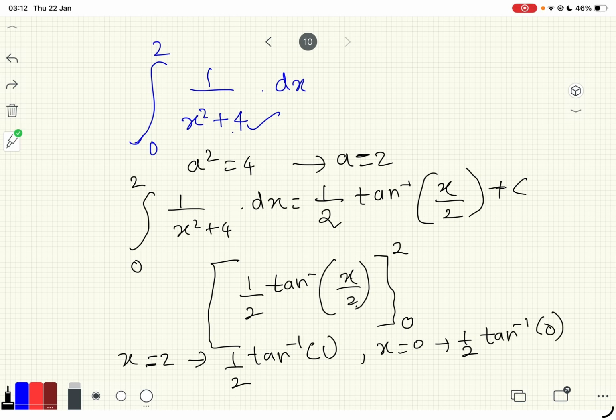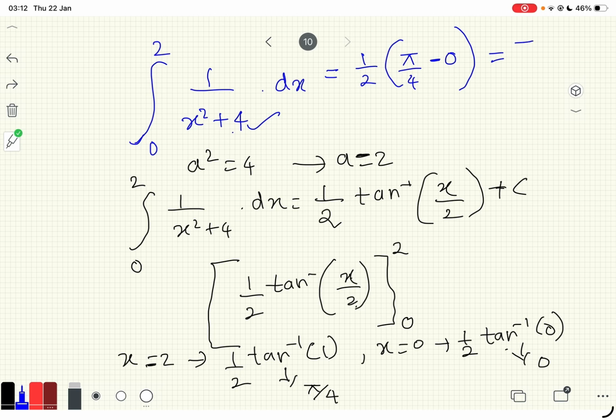Now we know tan inverse 1 is pi by 4, and tan inverse 0 is 0. So our final answer would be, let me write the answer here, one half into pi by 4 minus 0. So the final answer is pi by 8.